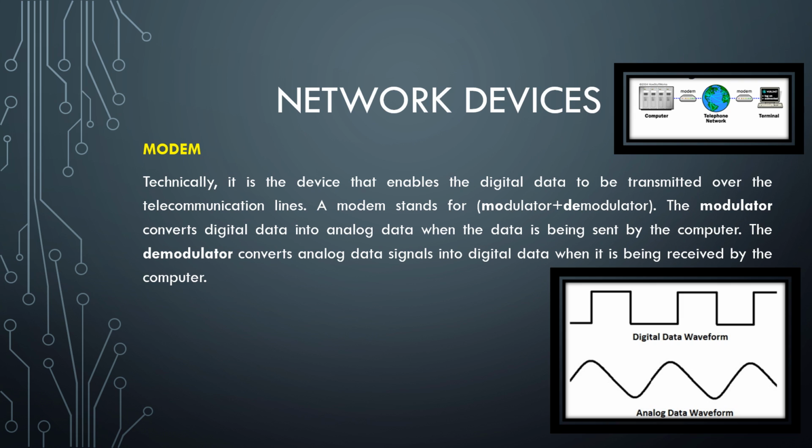You can see in the second diagram, this is the digital wave on which your system is working. And when we are transferring this over signals via wires, the network understands analog data or analog signals. You can see these analog signals also.